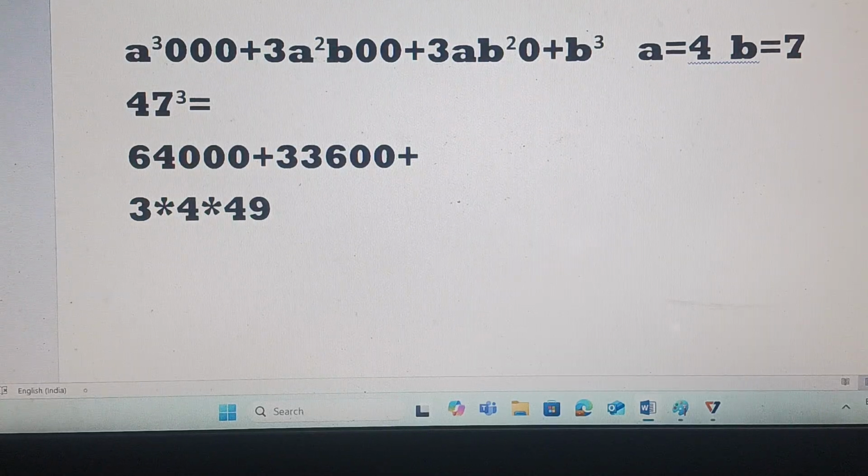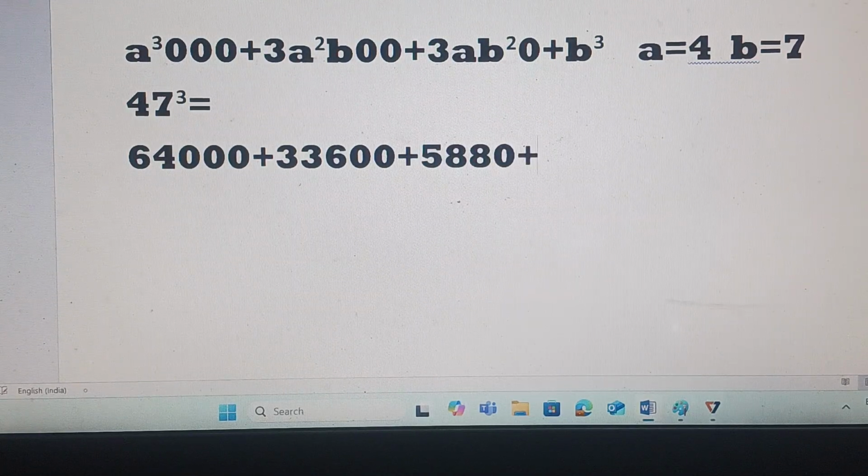So 3 times 4 times 49 is 588 with the zero. So the answer is 588 plus 1 zero. And now the last part is b cubed. Here b is 7. So 7 cubed is 343.